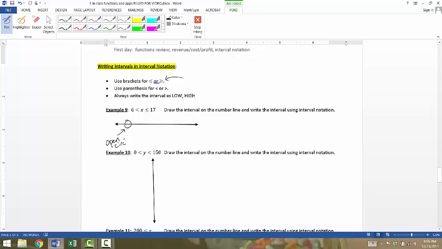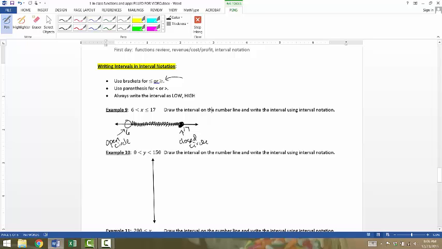So the low end of the interval has an open circle at 6, and at the top end it says x is less than or equal to 17. So up here we indicate that with a closed circle at 17 to say that x can equal 17, but x cannot equal 6. And then I'll shade in all the x values in between.